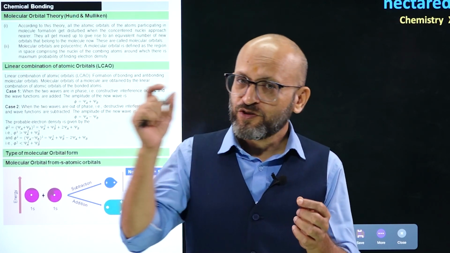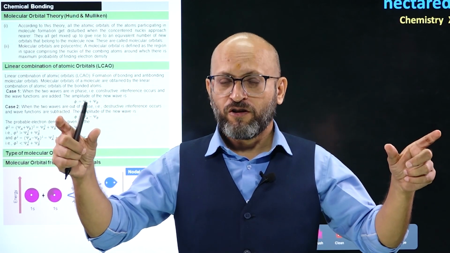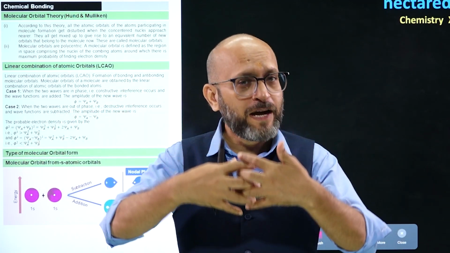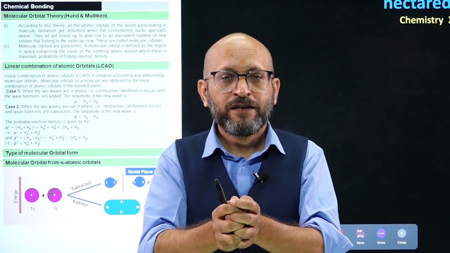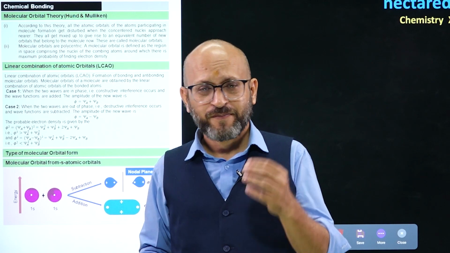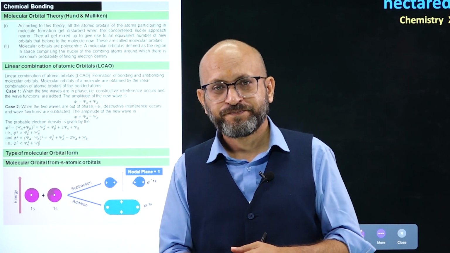So, in atoms, you will have atomic orbitals, and in molecules, you will have molecular orbitals. In atoms, atomic orbitals combine when they form a molecule, and in the molecule you have molecular orbitals. So molecular orbital theory is all about molecular orbital formation and their use in molecule formation.